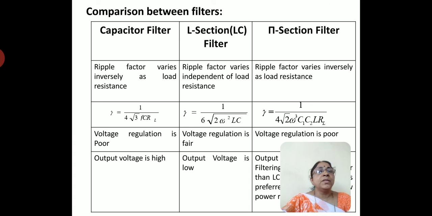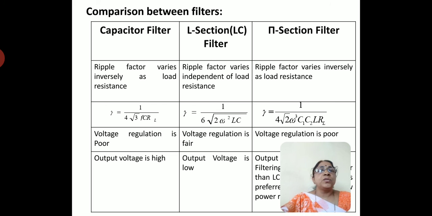The ripple factor is equal to 1 divided by 4 square root of 3 f C RL for the capacitor filter, 1 divided by 6 square root of 2 omega square LC for the L section, and 1 divided by 4 square root of 2 omega cube C1 C2 L into RL for the pi section filter.